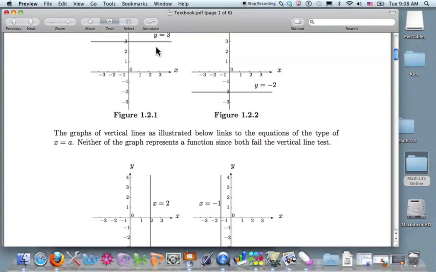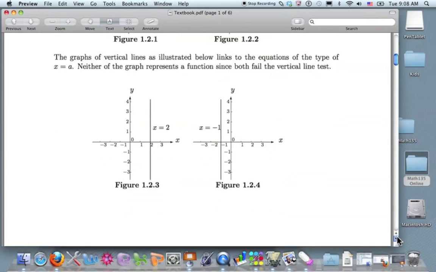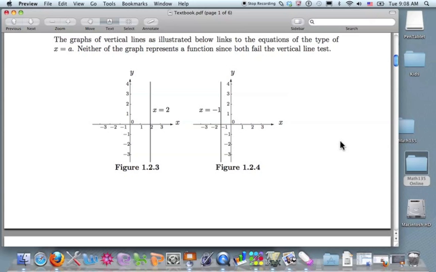One is a horizontal line, which means the slope is 0, and the equation is y equals 3 or y equals -2, depending on the vertical location of this horizontal line. For the vertical line, the slope is not defined, and the equation is x equals a, where a is the x location. This line does not represent a function.